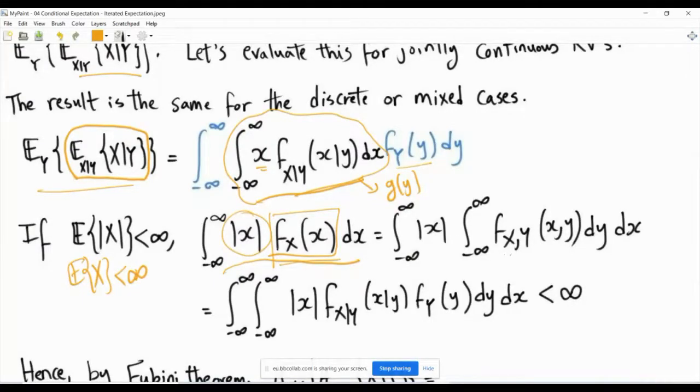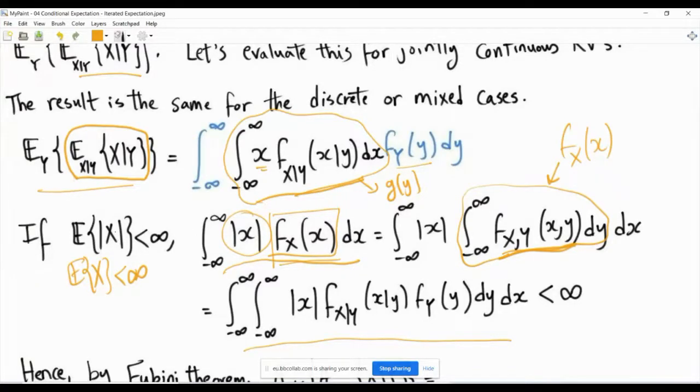Well, you can obtain the PDF of x from the joint PDF of x and y, and you integrate over y, right? So if you integrate the joint of x and y with respect to y, you get the marginal distribution of x. So this quantity here is this double integral, and it is nothing but the expected value of absolute x.